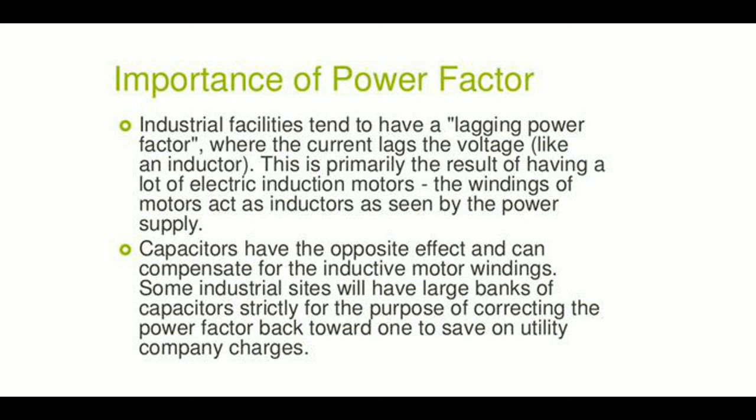Capacitors have the opposite effect and can compensate for the inductive motor windings. Some industrial sites will have large banks of capacitors strictly for the purpose of correcting the power factor back towards 1 to save on utility company charges.